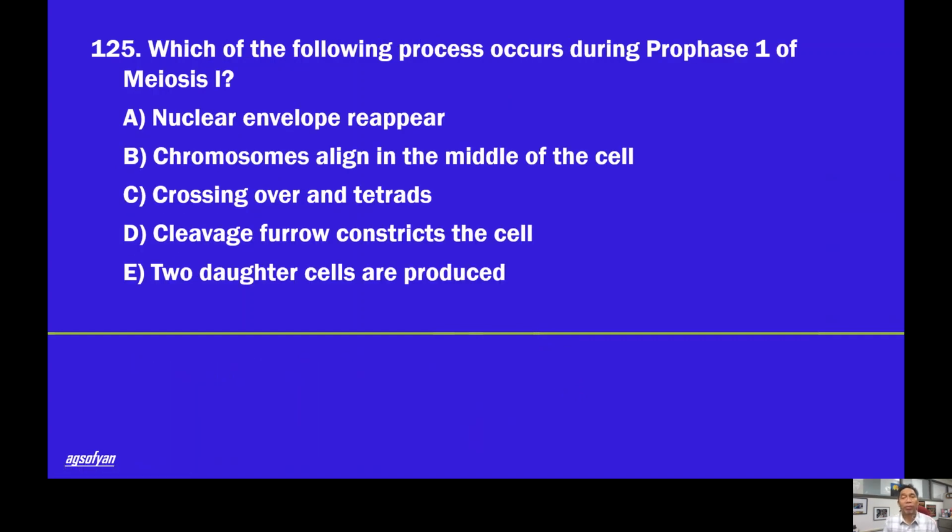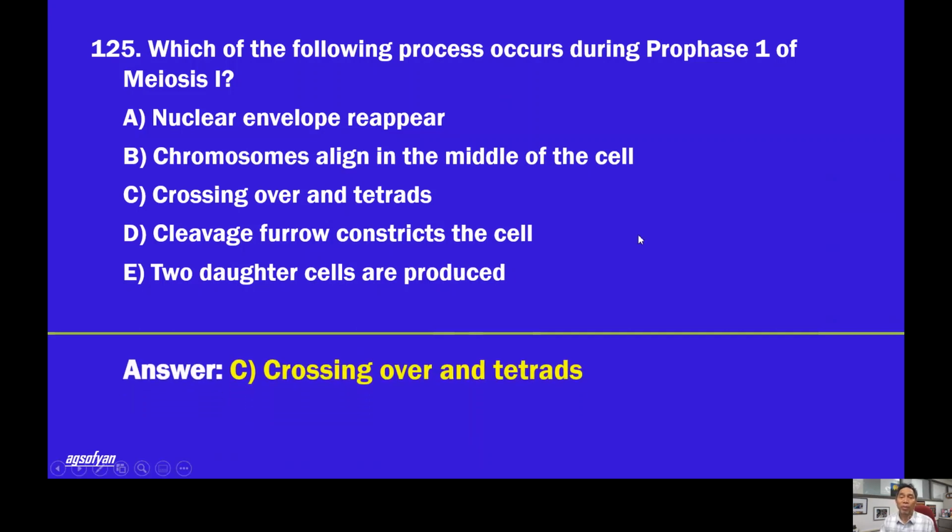125. Which of the following processes occurs during prophase 1 of meiosis 1? A. Nuclear envelope reappears. B. Chromosomes align in the middle of the cell. C. Crossing over and tetrads. D. Cleavage furrow constricts the cell. E. 2 daughter cells are produced. Choose your answer. In meiosis 1, prophase 1, there will be tetrads and crossing over.